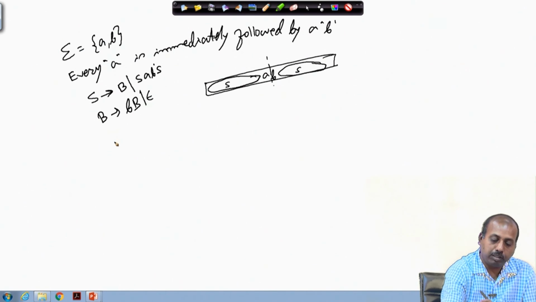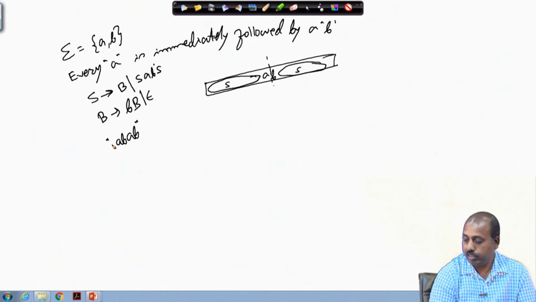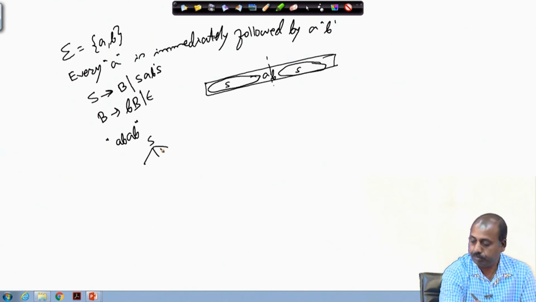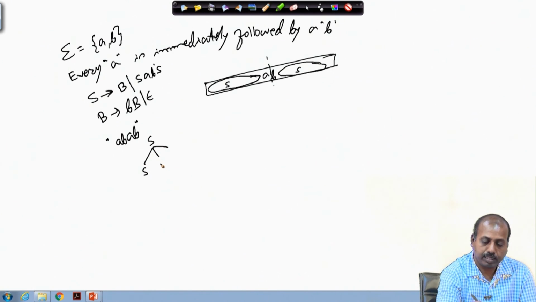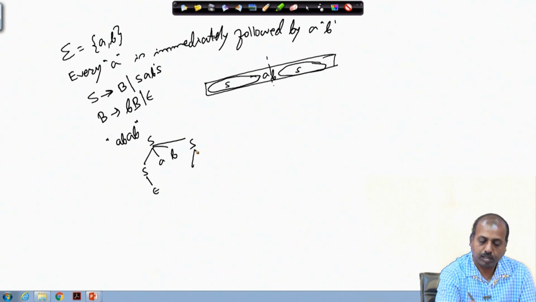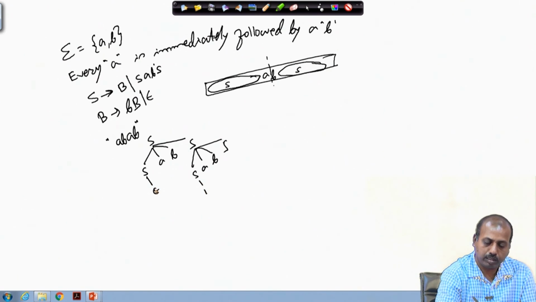Now, let us look at a string A B A B. One possible derivation for this is like this: S gives S A B S, then this S gives me epsilon, and this S gives me S A B S, and then this S, sorry, this S cannot give me epsilon.